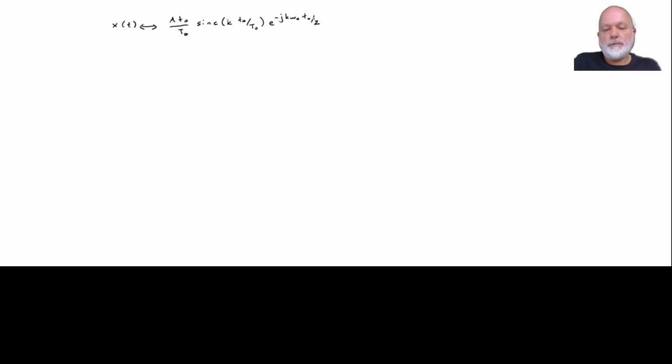Okay, so we can write the Fourier coefficients as follows. Before that, now we know that x of t is real valued.